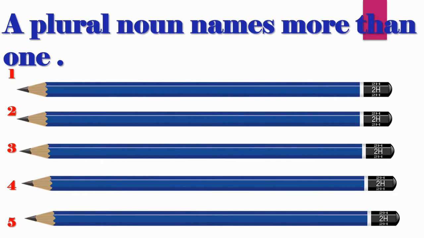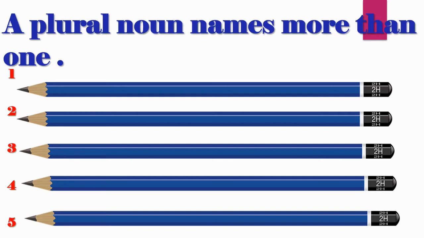Next, now see the number of pencils on your screen. 1, 2, 3, 4 and 5. Yes, there are 5 pencils. Then recall what we had learned at the start.